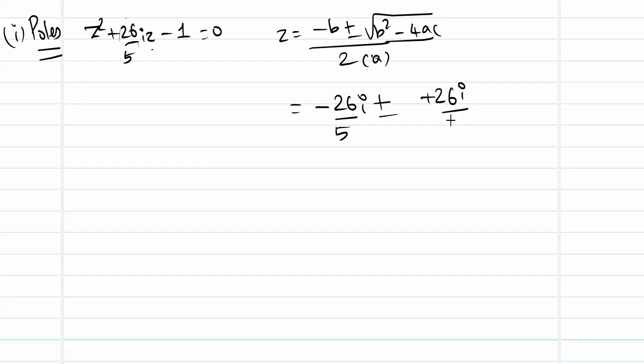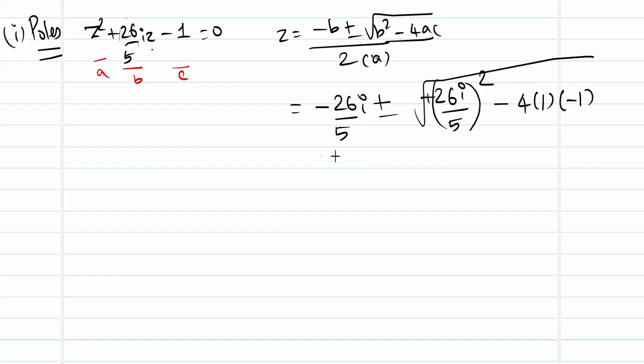26i by 5 the whole square minus 4 into, this is going to be my A, so let me mark this as A, this is going to be my B, this is going to be my C. So what will happen to my C? C is going to be equal to minus 1, the whole square root divided by 2 times 1.